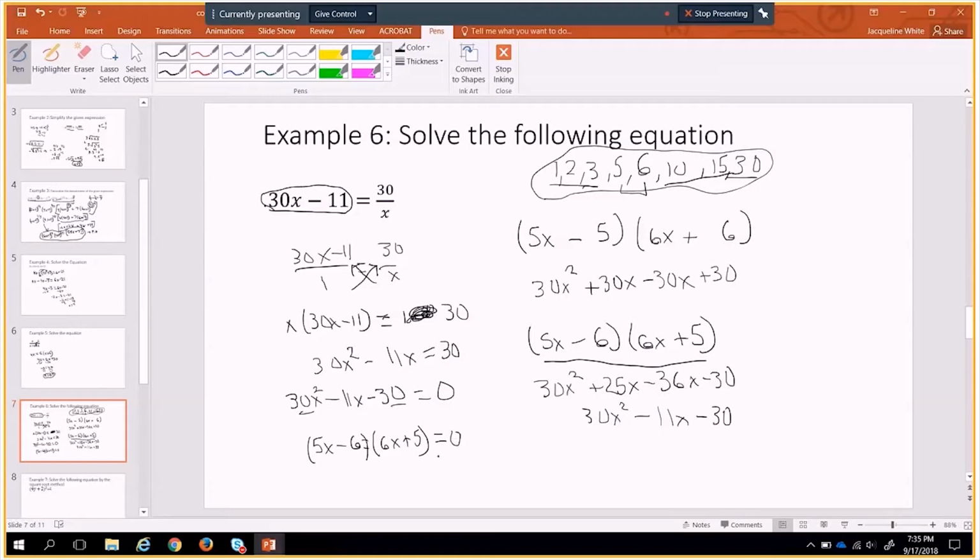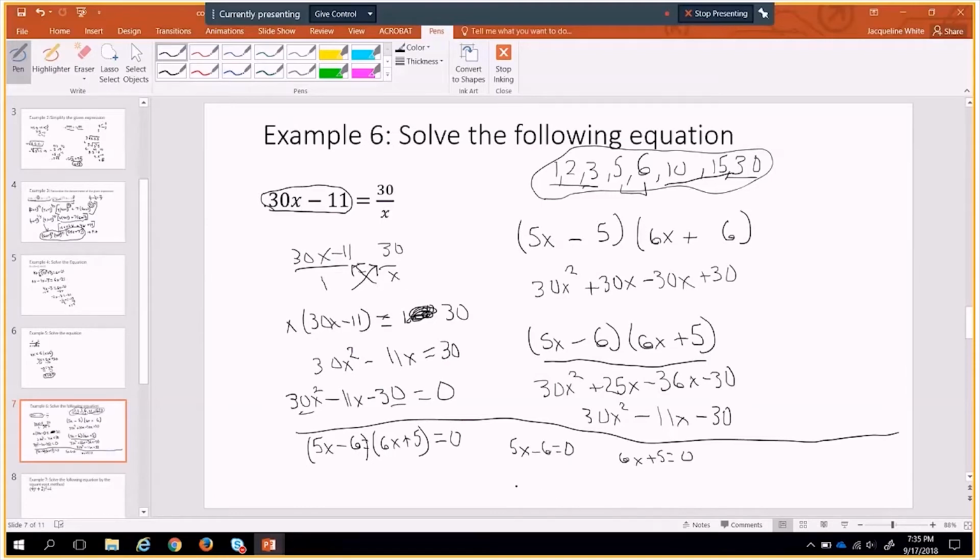So now we could separate these two: 5x minus 6 equal to 0, and 6x plus 5 is equal to 0. Now we just have to solve for x on both of these.